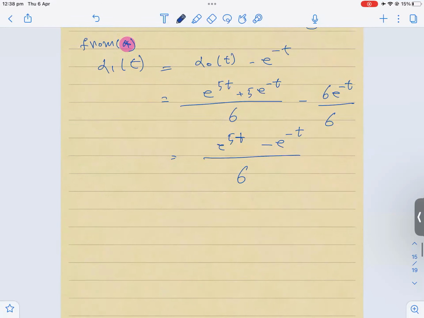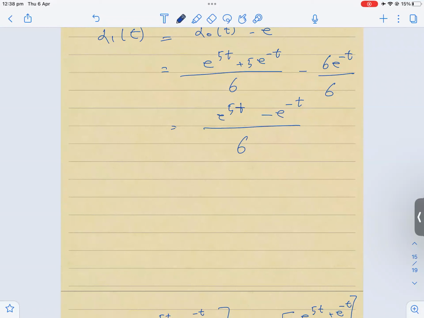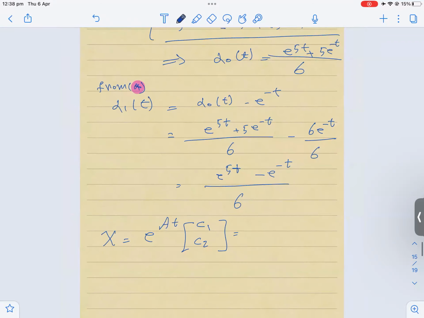All right, so from here, x will be e to the at times c1, c2. This will be alpha 0, can I write alpha 0?